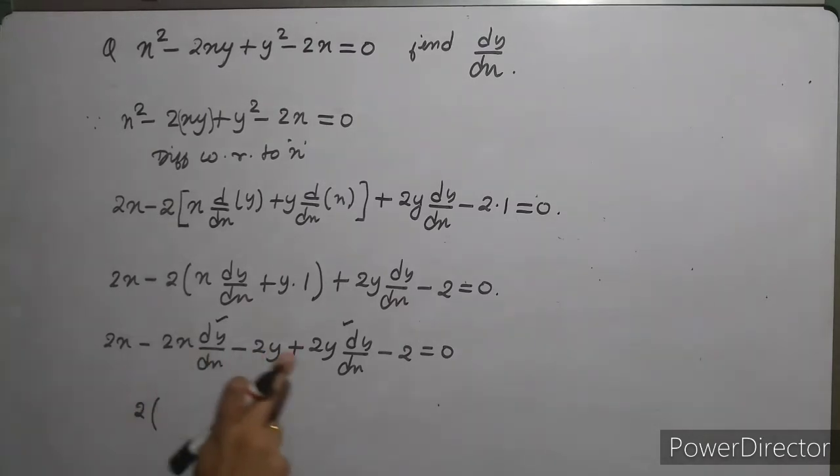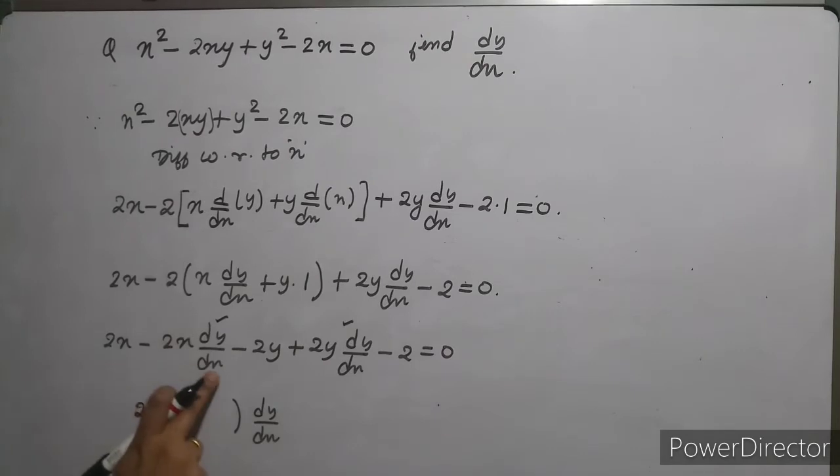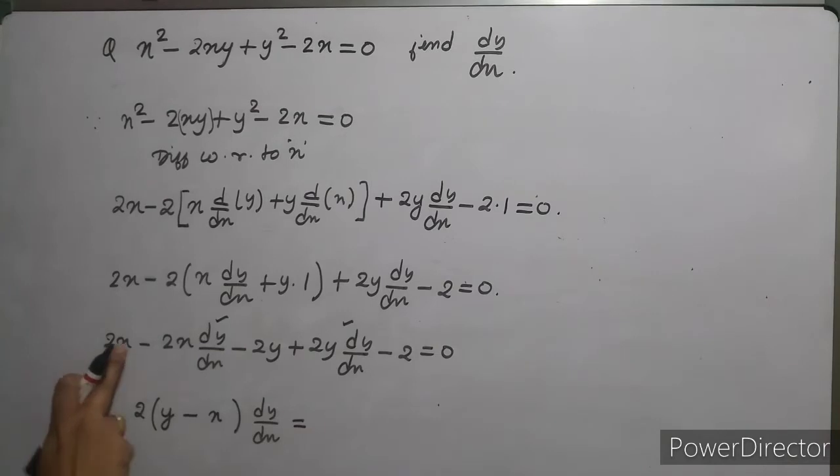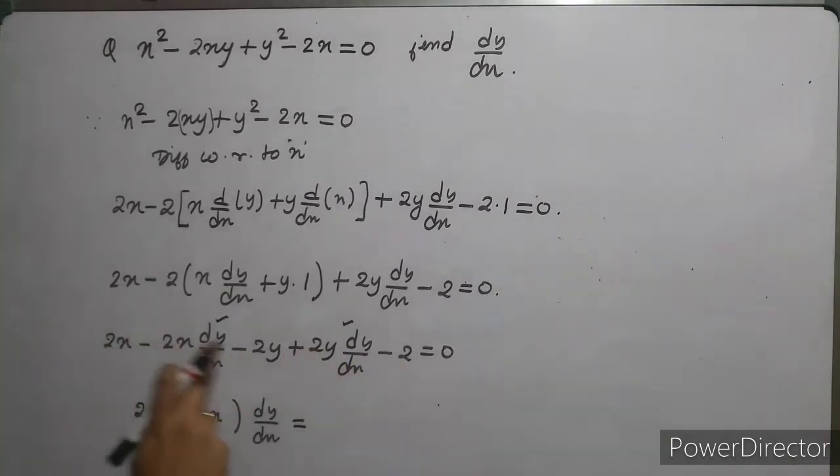What remains? 2 and dy by dx are common, then x remains here, and 2 and dy by dx common, y remains over here. Now these three quantities I'll bring from the left hand side to the right hand side: first this one, 2 plus 2y minus 2x. Again from this also, the common is 2.